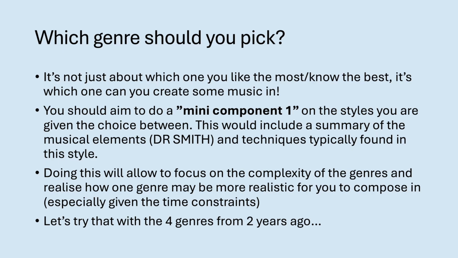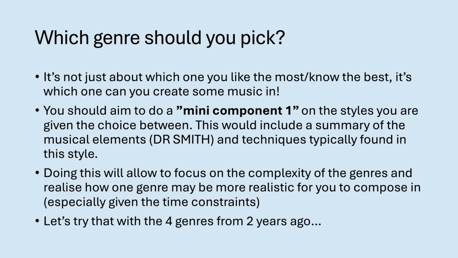And you could do that with a Dr. Smith analysis, so dynamics, rhythm, structure, melody, instrumentation, texture, timbre, tonality, harmony, and also the techniques that are typically found in that style. Exactly what you did for component 1. And if you do this for at least 2 of the genres, or hopefully even all 4 of the genres, you can then compare and contrast which ones are going to be easier to write for, basically.